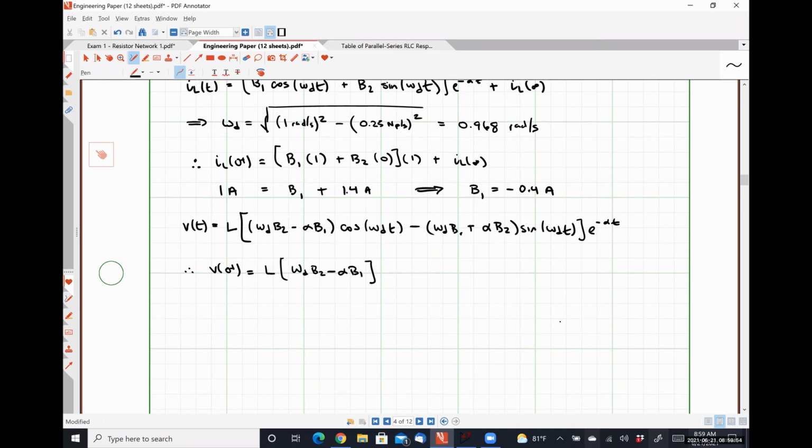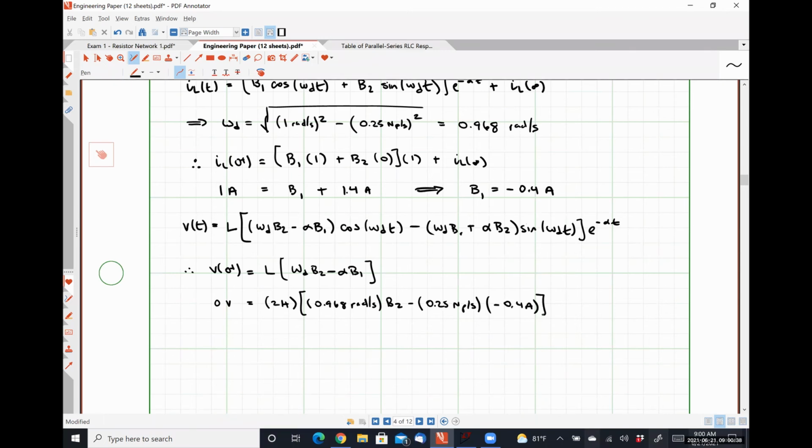So from this, we can say that 0 volts, which was V at 0 plus, is equal to 2 henries times omega d, 0.968 radians per second, times B2, which we don't yet know, minus alpha, 0.25 nepers per second, times B1, which we found to be negative 0.4 amps.